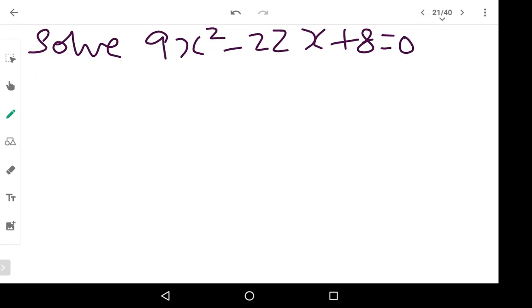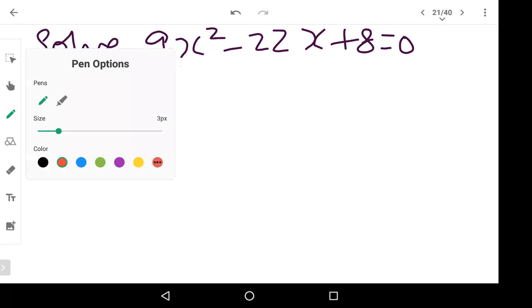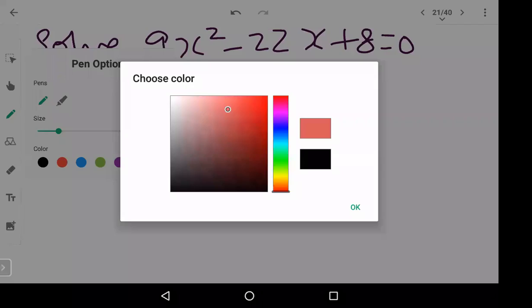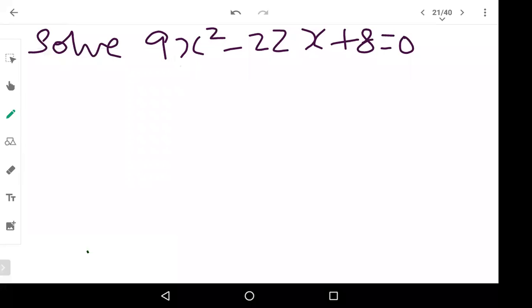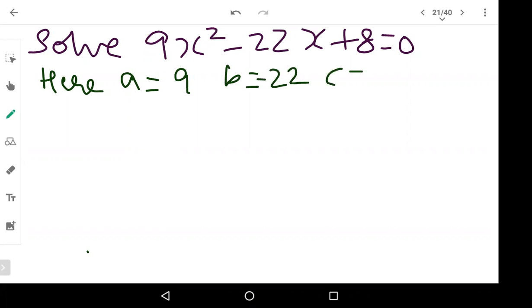Let's start. Now here if you see, the values of A, B, C are a little more. Here A is equal to 9, B is equal to minus 22 and C is equal to 8. Correct?